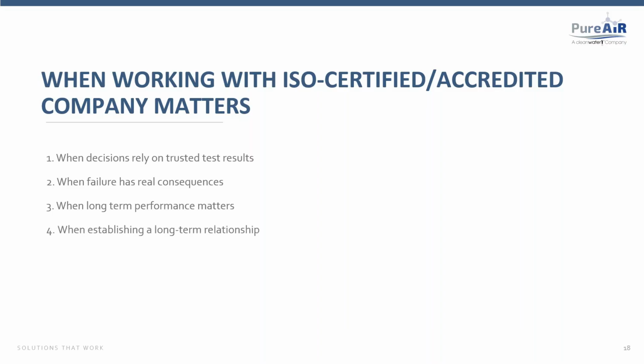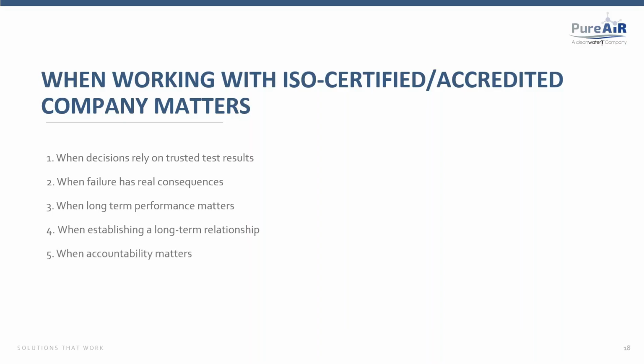Similar with establishing long-term relationships. If something were to happen when you first start working together, you'll know with some certainty that it shouldn't happen during the course of your long relationship with the company. If the issue is found once, we're going to work to make sure it never happens again.